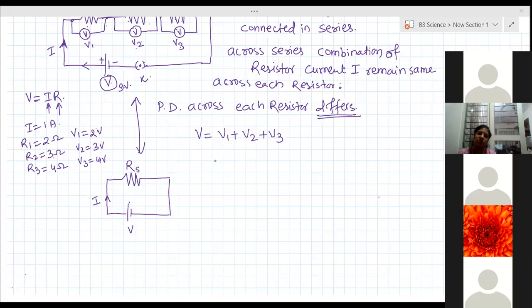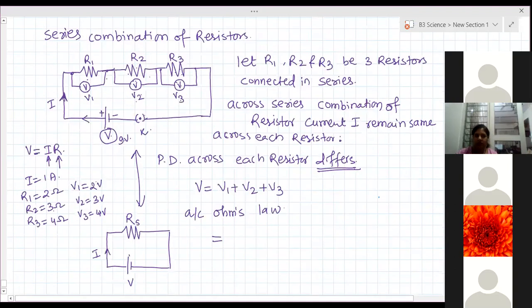So now use Ohm's law. According to Ohm's law, what is the current flowing through each resistor? I. And V1 is the potential difference across R1. So how to find the V1 value? V1 is equal to IR1.